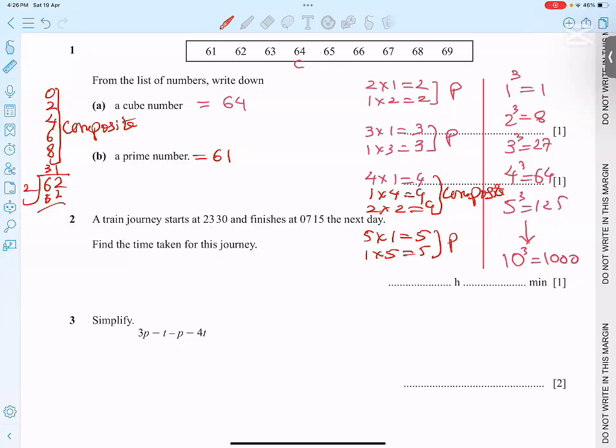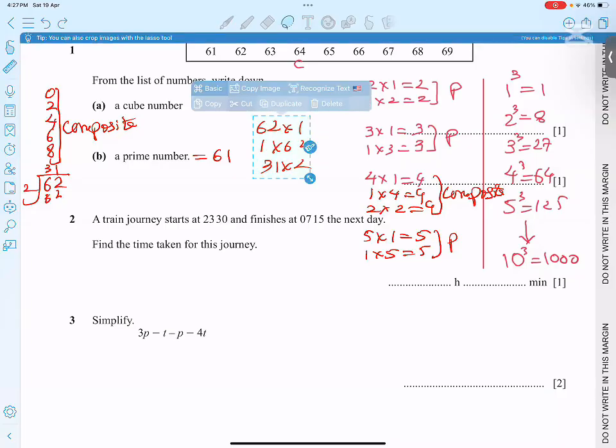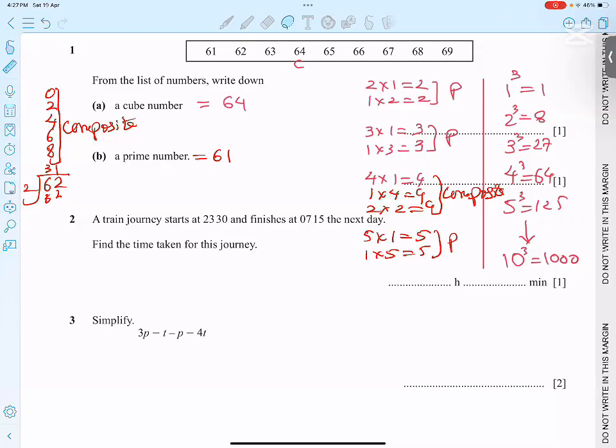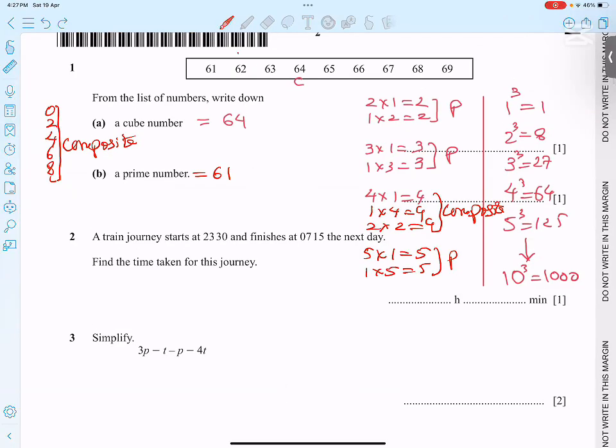So it has more than 2 possible factors now. Check it: 62 into 1, and 31 into 2. Whenever more than 2 factors come, it is not a prime number, it's a composite number. I believe all people are understanding very well. So no need to do this kind of division. I can say immediately this is an even number. So let's make it easy.